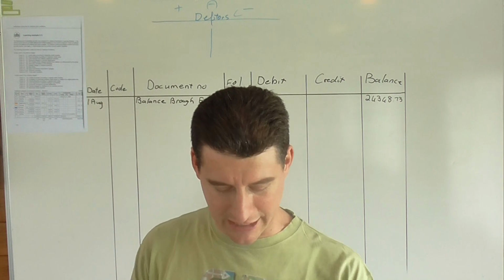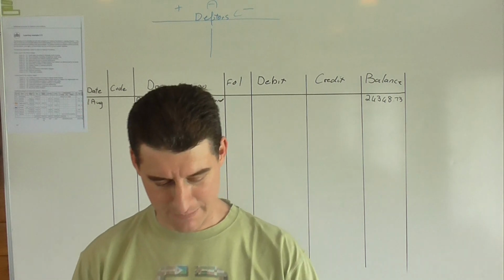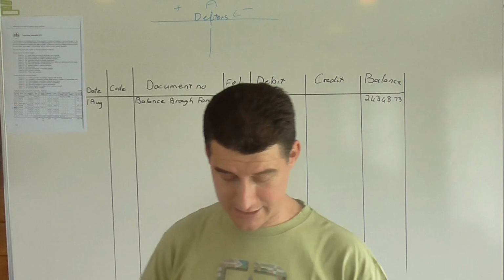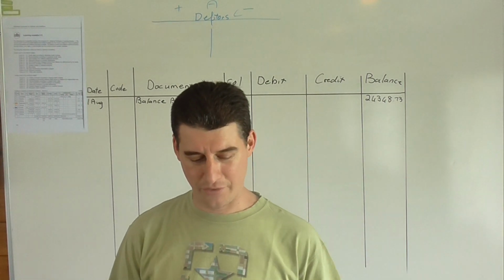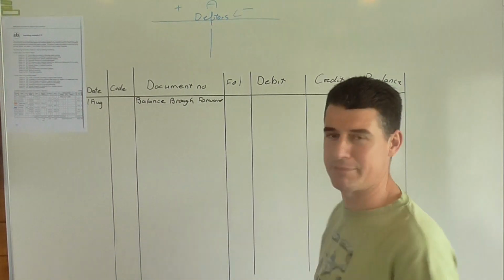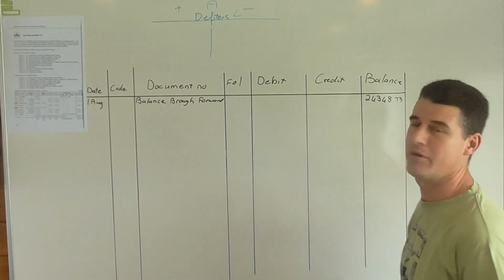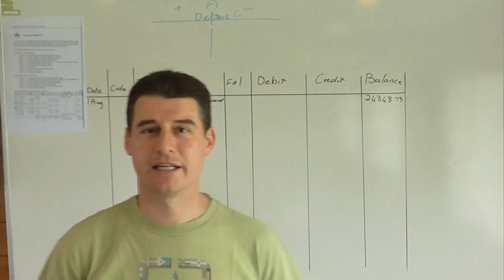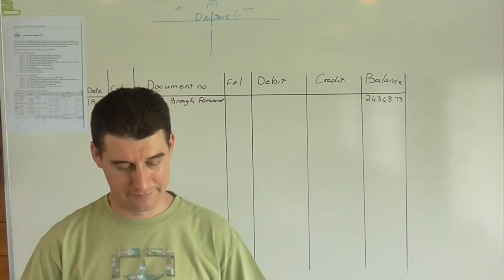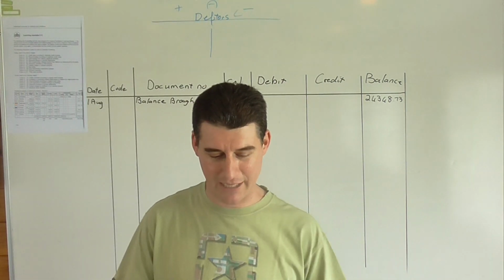The information they give me at first is all these codes that I've mentioned before, and then they also tell me that the balance was 24348.73. As you can see, I've already put that in my debtors ledger. So on 1 August, the balance brought forward was 24348.73. And now we're going to look at the different transactions that have taken place.